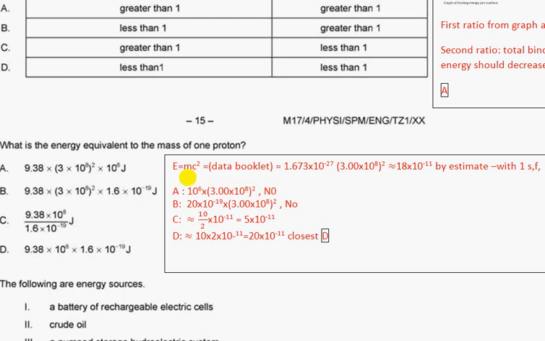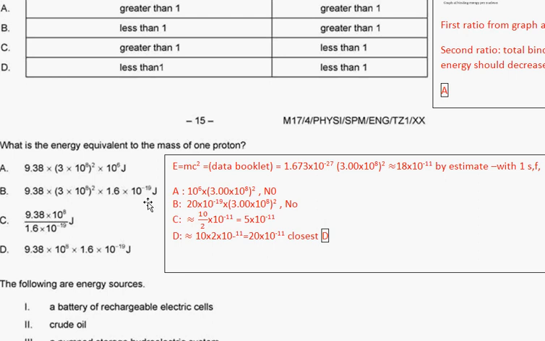Mass of proton I took from booklet. Speed of light I took from booklet. And this is 3 squared, 9. This is about 2. Estimate 2 by 9 gives us 18, 10 minus 11. So estimate with one significant figure.